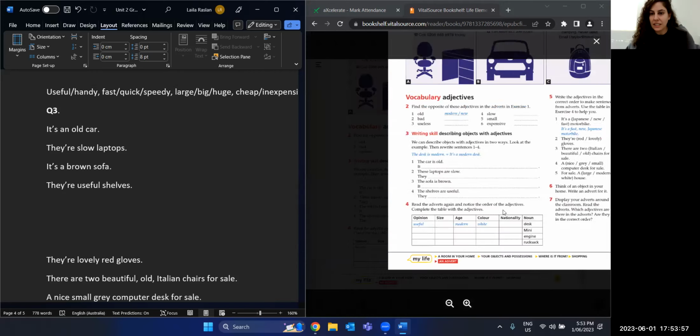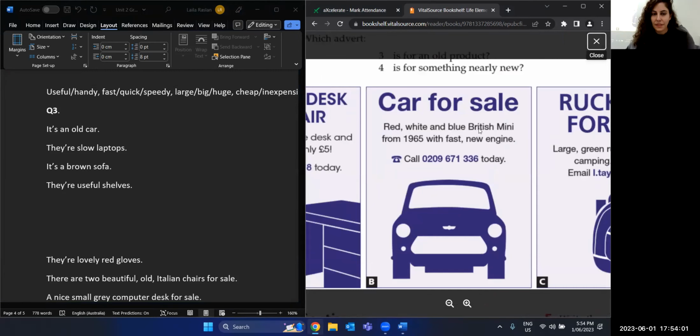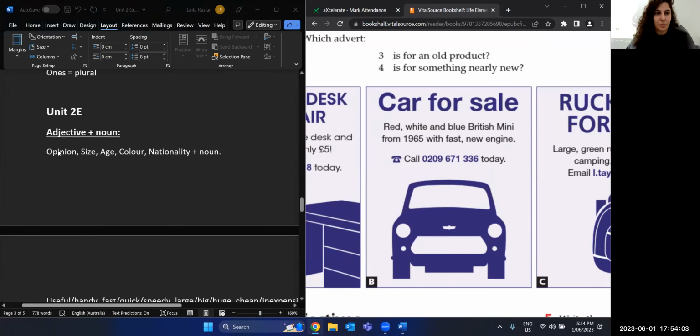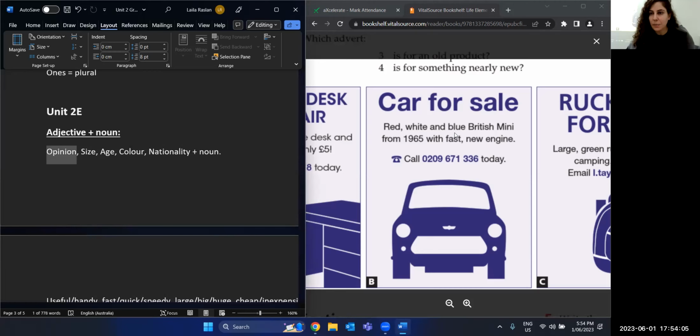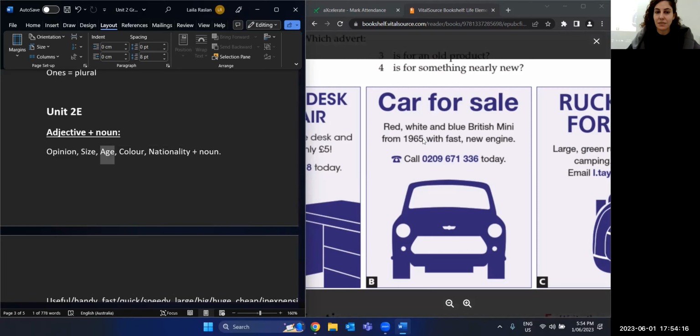So we got that detail from the advertisement here. So if I look at what I had to start with, my opinion, it didn't tell us an opinion. It didn't say it's great or an amazing, didn't say that. Size, it didn't say. The age, yes, 1965. Color, red, white, and blue.